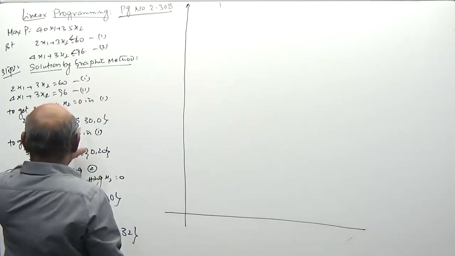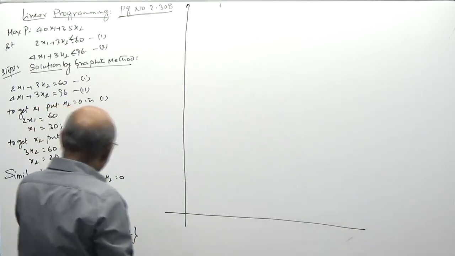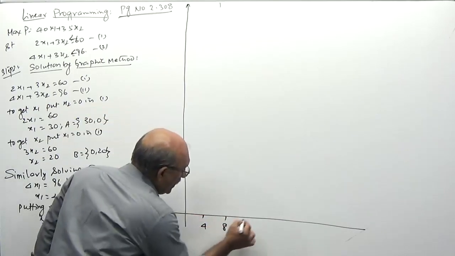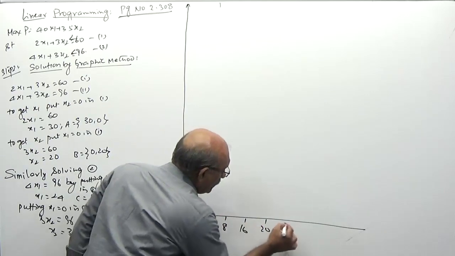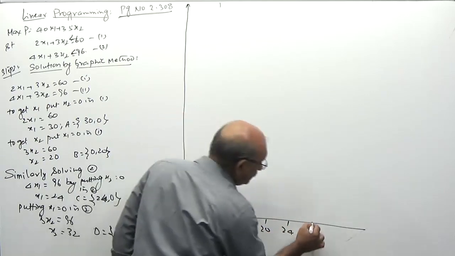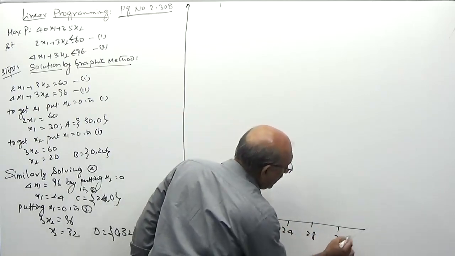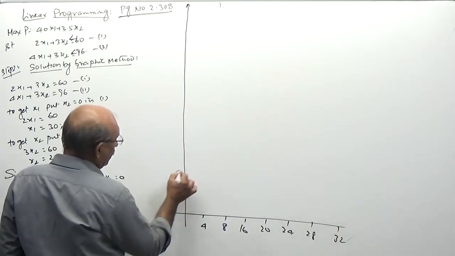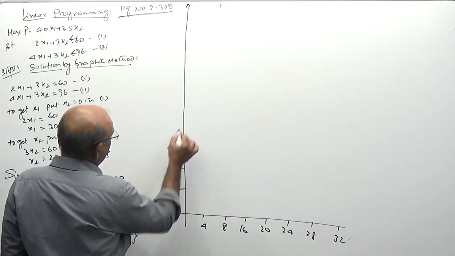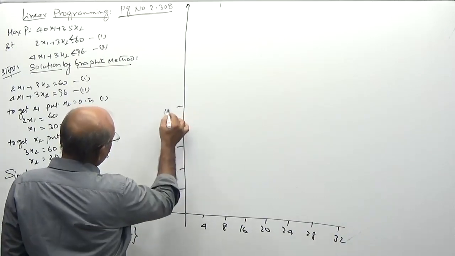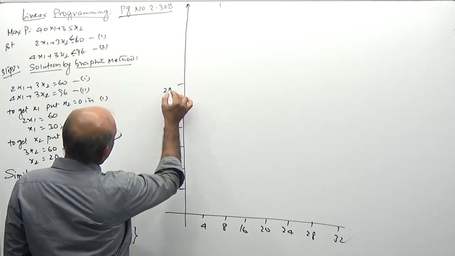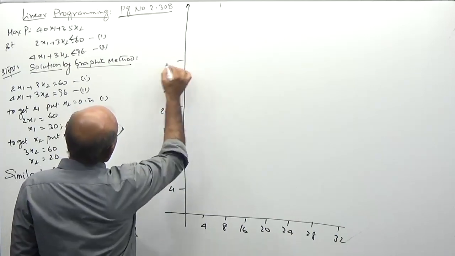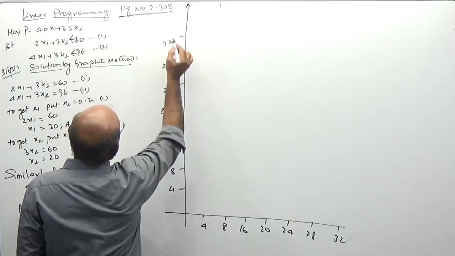Maximum point on the x-axis is 30. Maximum point on the y-axis is 32. So we mark 4, 8, 12, 16, 20, 24, 28, 32.